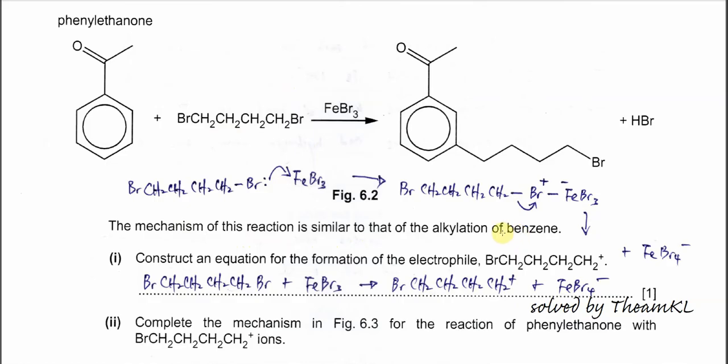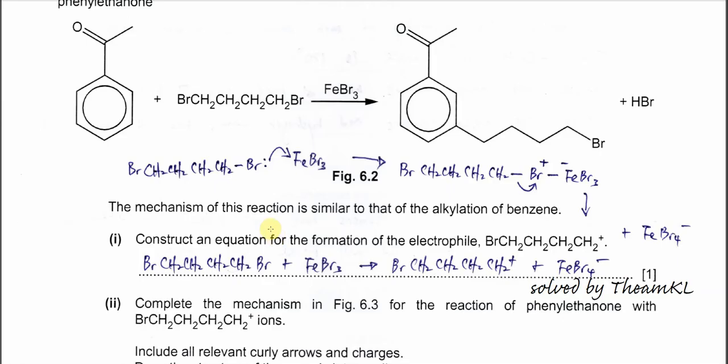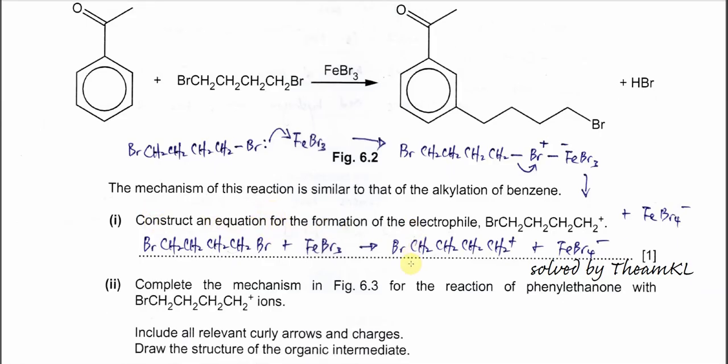So it means it's electrophilic substitution. Now, for the first part, construct an equation for the formation of the electrophile. Actually there is a small mechanism, but you do not need to give the mechanism, you just need to give this equation.